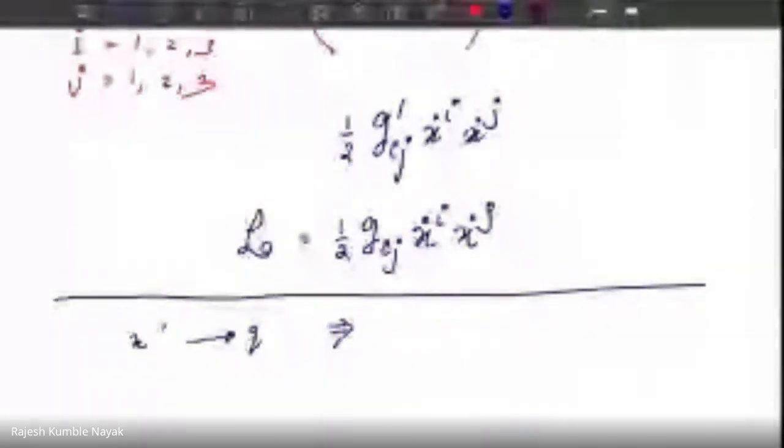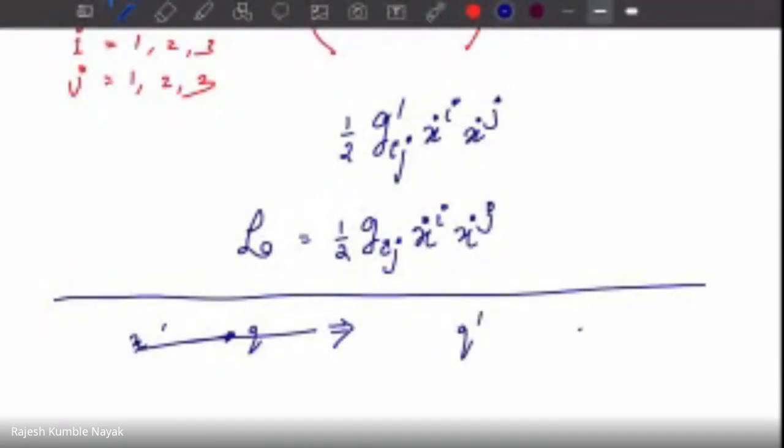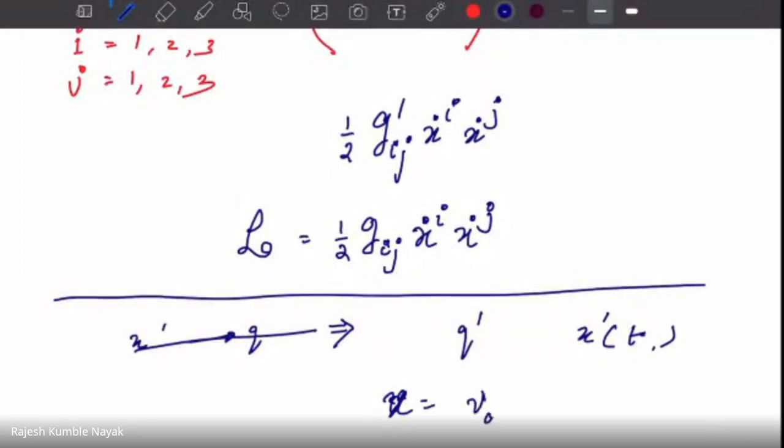So in this transformation, when you write q to x, if the transformation explicitly depends on time, for example in the case of some uniform velocity, then you have x going to v naught t plus something.